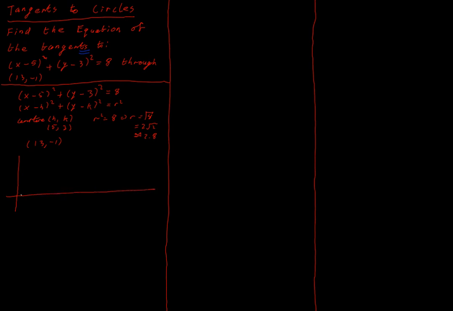This does not need to be wildly accurate, but we just want to try and get it good enough that we have a clear picture of what it is we're aiming for. 1, 2, 3, 4, 5, 6, 7, 8, 9, 10, 11, 12, 13, I'll go up to 14. 1, 2, 3, 4, 5, 6, I'll say 7, and minus 1, minus 2.